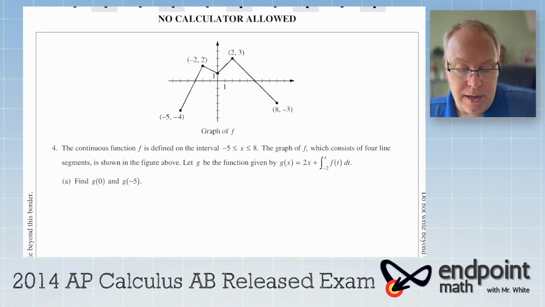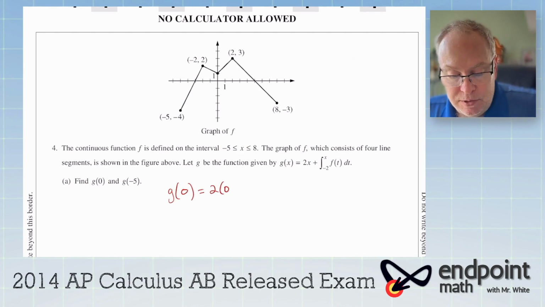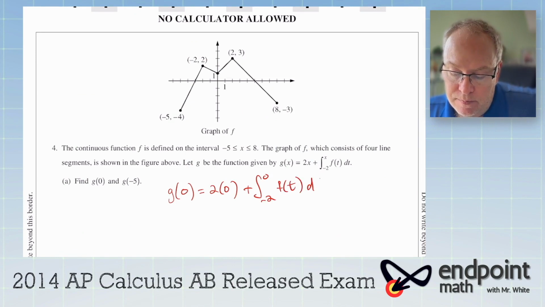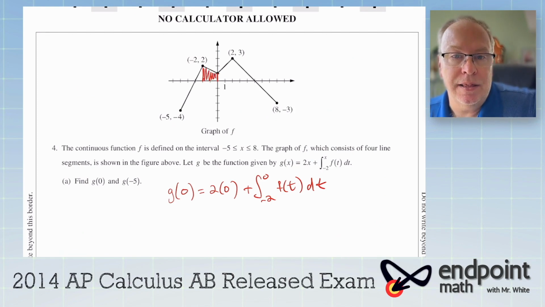All right, so the first thing is g of 0. To find g of 0, g of 0 would be 2 times 0 plus the integral from -2 to 0 on the graph that we look at above. So you remember when you first started learning about integrals, you used areas to solve them, and that's what you have to do from here. We're going to go right in here. We have to find that area right there.